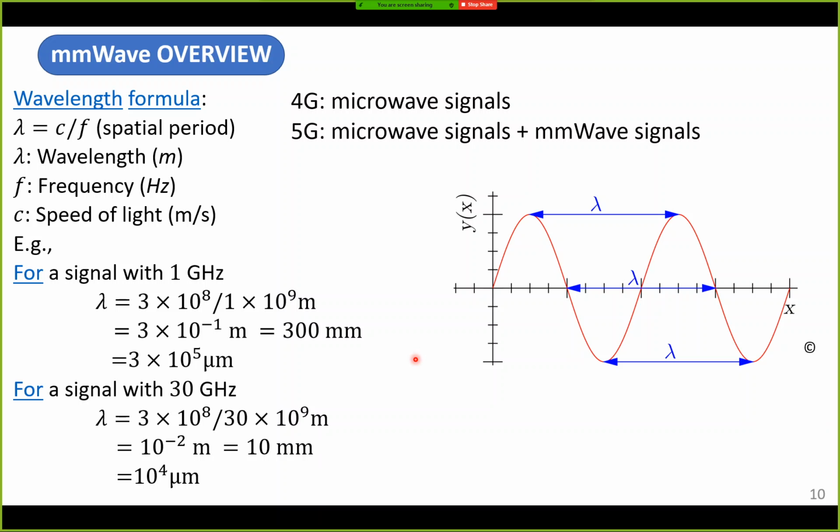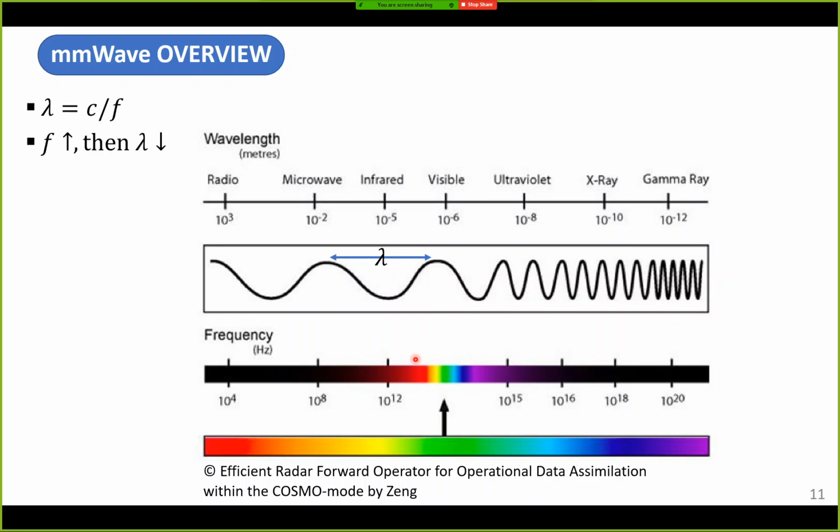I'm going through the very basics, hopefully it is useful, interesting for everyone. So as you see from this equation and from this figure, as frequency is increased, our wavelength decreases. As I mentioned in the previous slide, this means the wave can travel less distance in space.